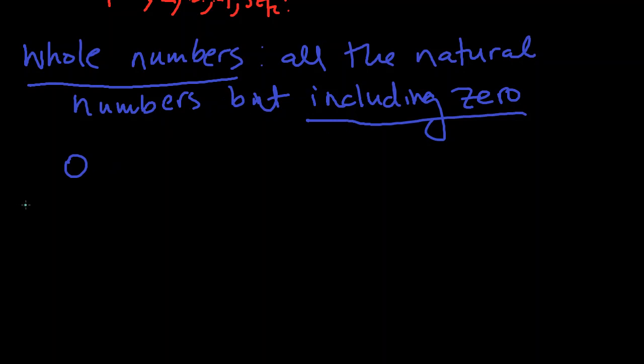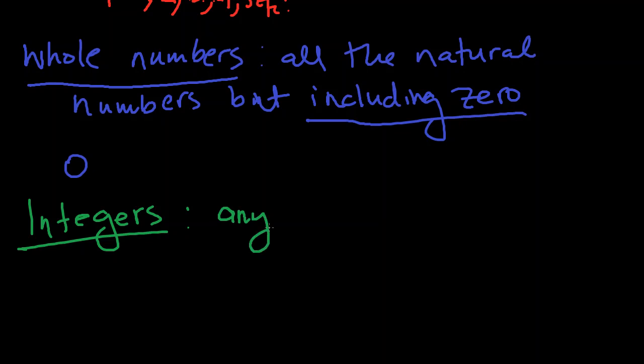Next, let's look at integers. What are integers? Well, this is pretty easy too. If you can remember what a whole number is, it's easy to remember what an integer is. An integer is any positive or, this is key here, or negative whole number.